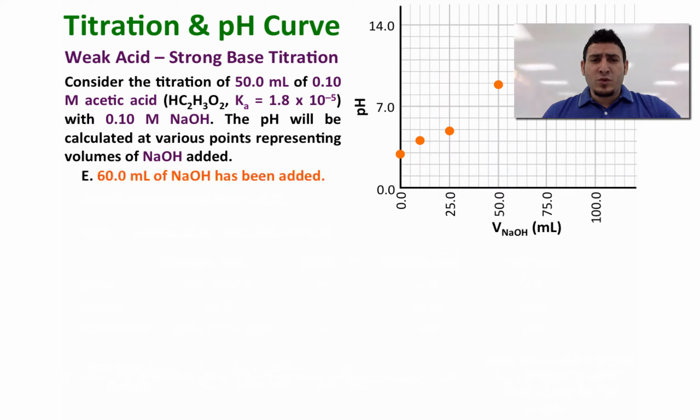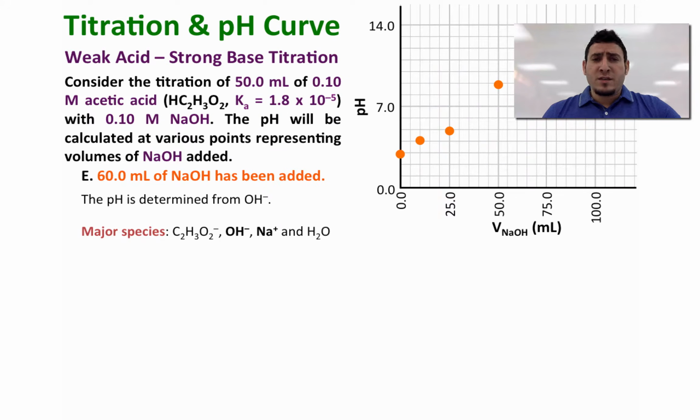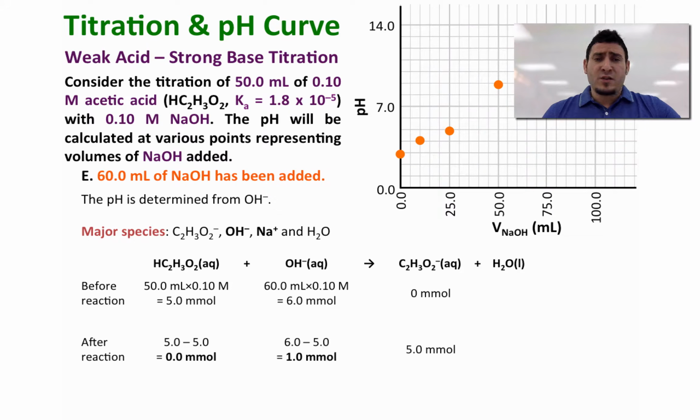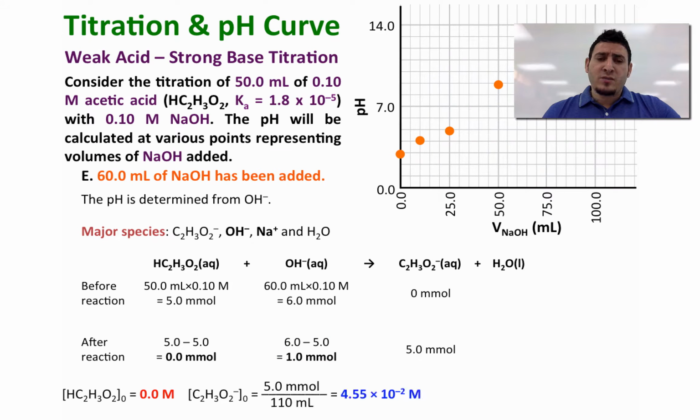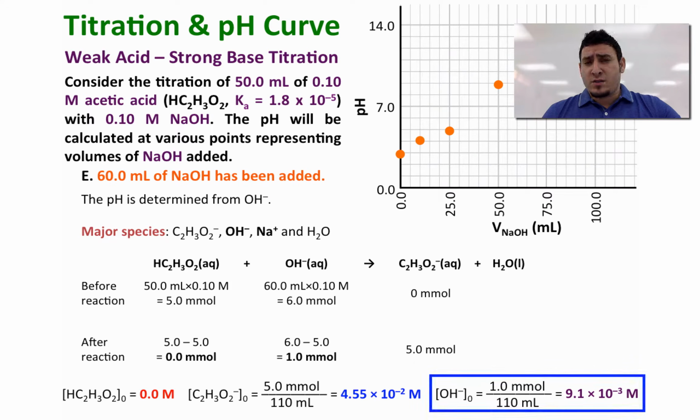Now if we add more sodium hydroxide, we add 60 milliliter of sodium hydroxide. Now as you can see, the pH will be determined by the OH minus, since all the acetic acid will be consumed from this reaction and the OH minus is in excess. And now since OH minus is a stronger base than the acetate, the pH will be determined by the concentration of OH minus.